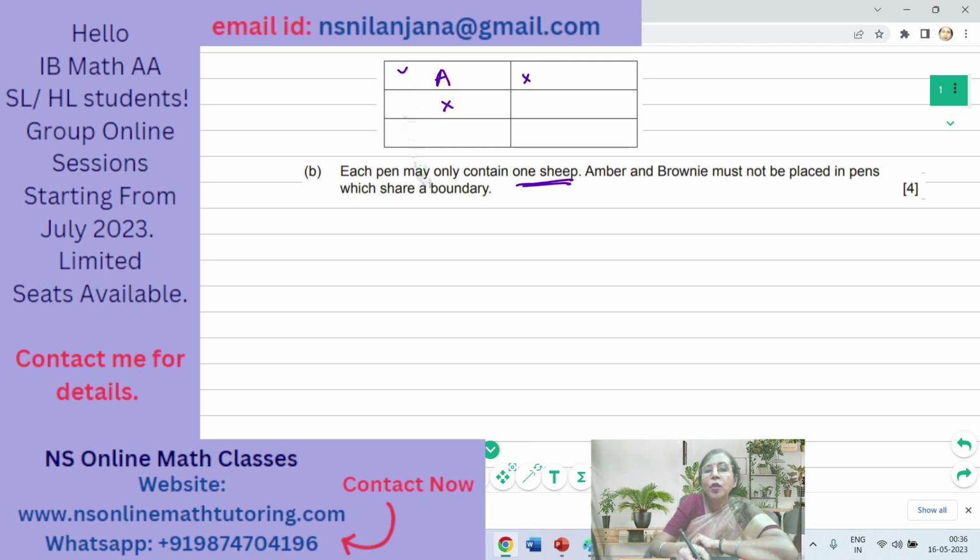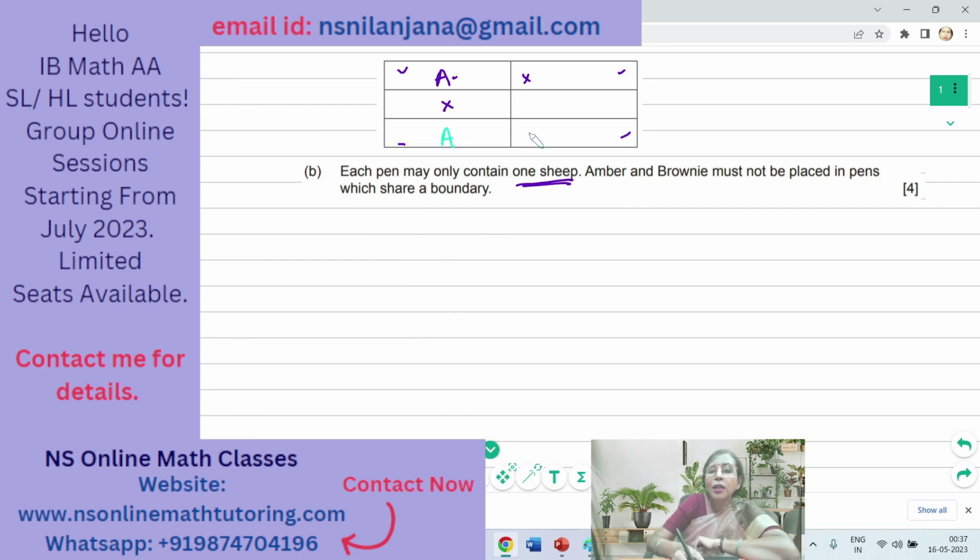This is one of the corner pens. There are 4 corner pens. So when Amber is placed in this corner pen, Brownie cannot be placed in these 2 pens, and Brownie is having 3 options to choose from. What happens if Amber is placed in another corner pen? Maybe this one.